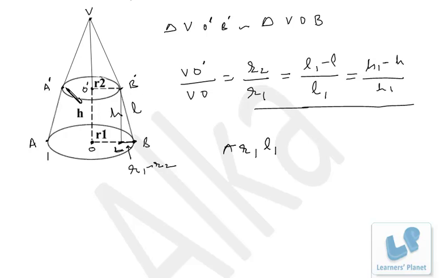From that, if you subtract the curved surface area of this smaller cone, that means this complete area, then we'll be getting the curved surface area of this frustum. So that is pi, radius r2, and slant height, the complete slant height minus this one. I'm sorry, it's a slant height, so that's l1 minus l.